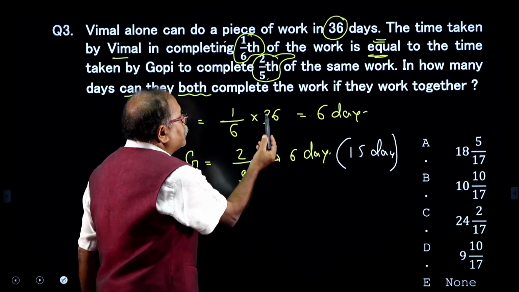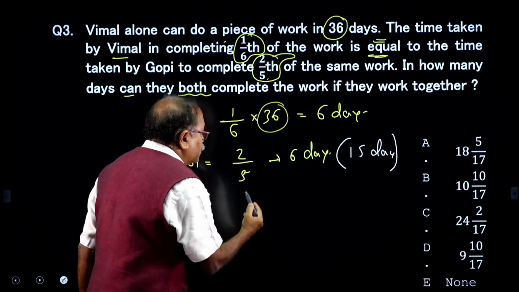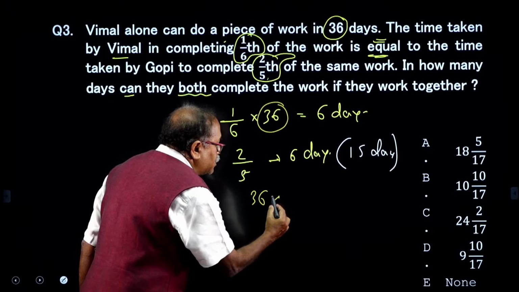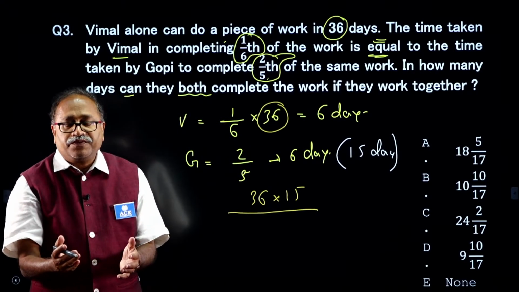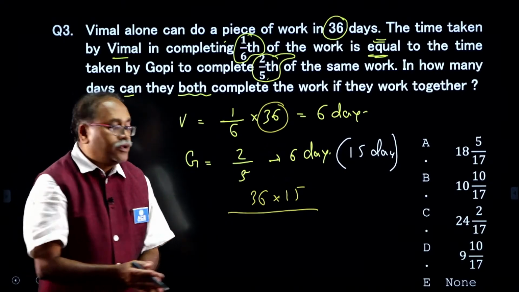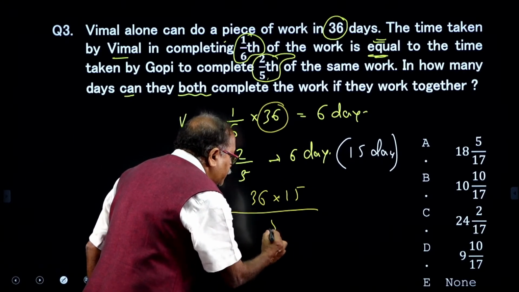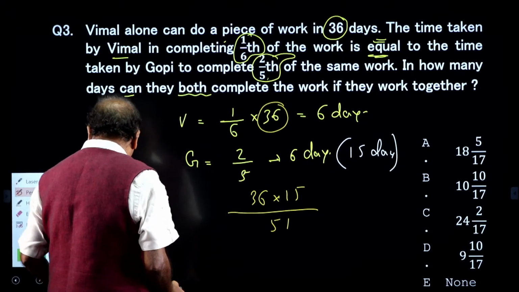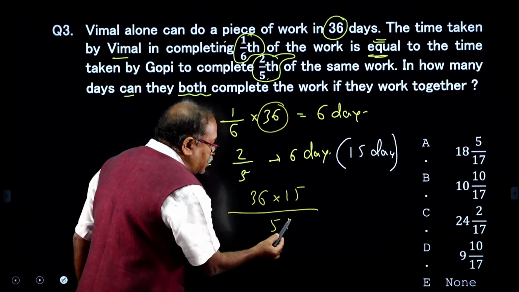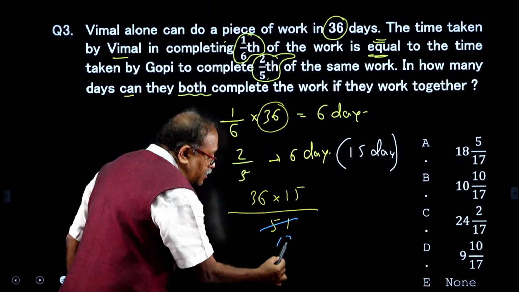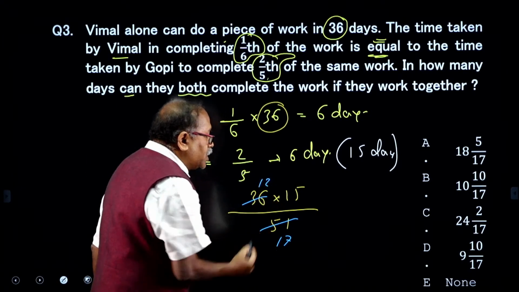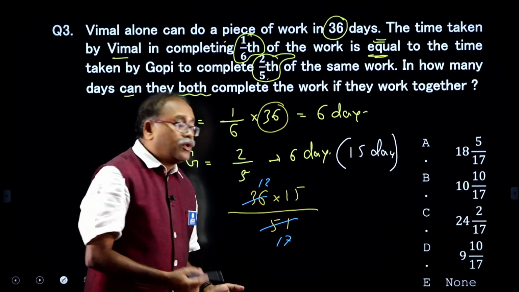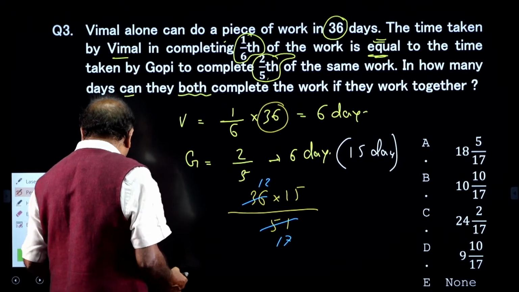If you do not do it, I will definitely answer this question. That is 36 into 15 by 36 plus 15, which is 51. Now, cancel this one, and you find that 17 times 3 is 51, and with 3 this gets cancelled, giving 12. 12 into 15 is 180.